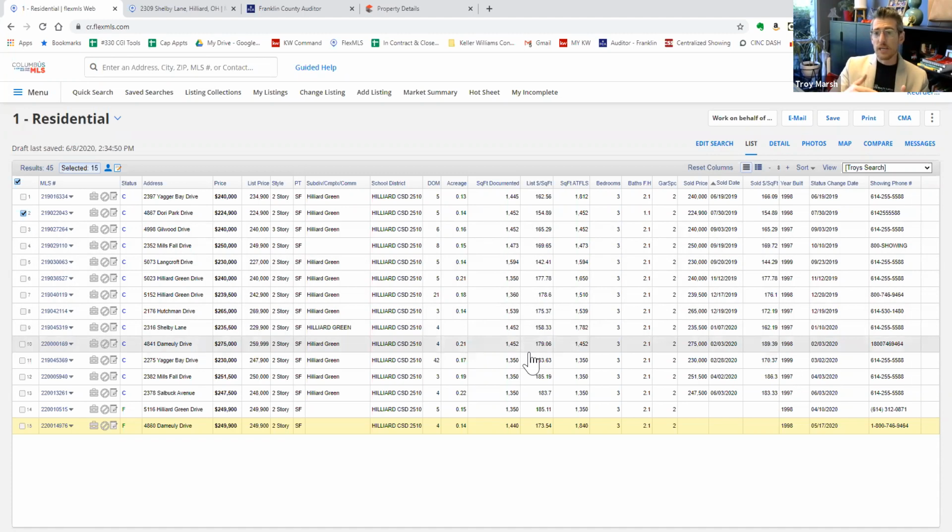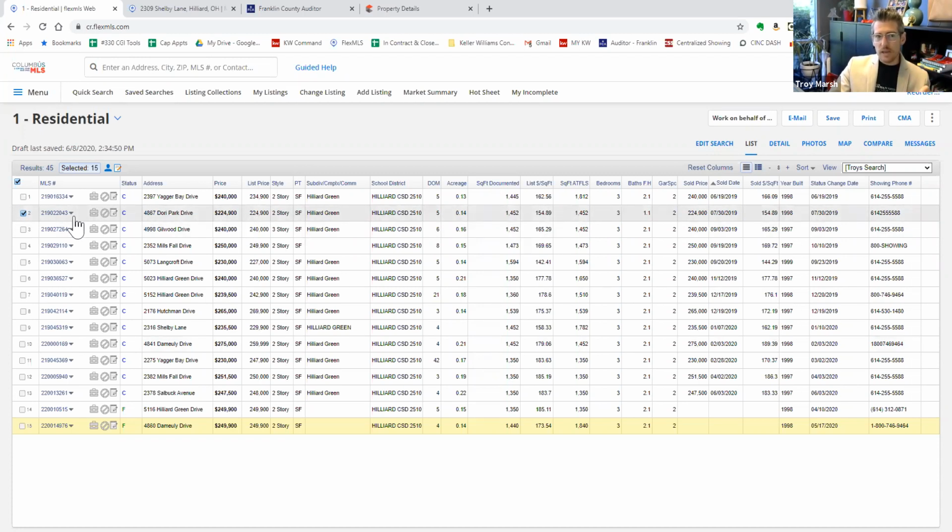So what I'm seeing is that there's probably about a $10,000 movement in the overall price, meaning that if I was pricing a property last summer compared to what I would have done in first quarter, I would have probably had a $10,000 to $20,000 bump just based on what I'm looking at here. So I would apply that, and based on what I'm seeing, I would probably put this at about $235 or $240.